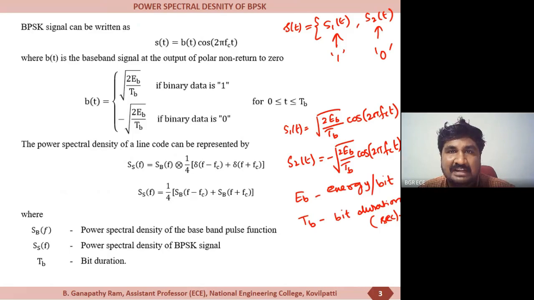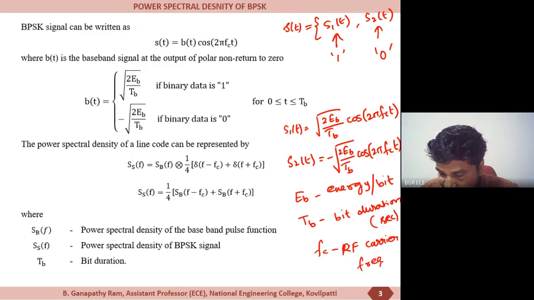And TB plays a vital role in determining the data rate as well as the bandwidth requirement. And Fc is the carrier frequency, RF carrier frequency, which is very, very much greater than 1 divided by TB.